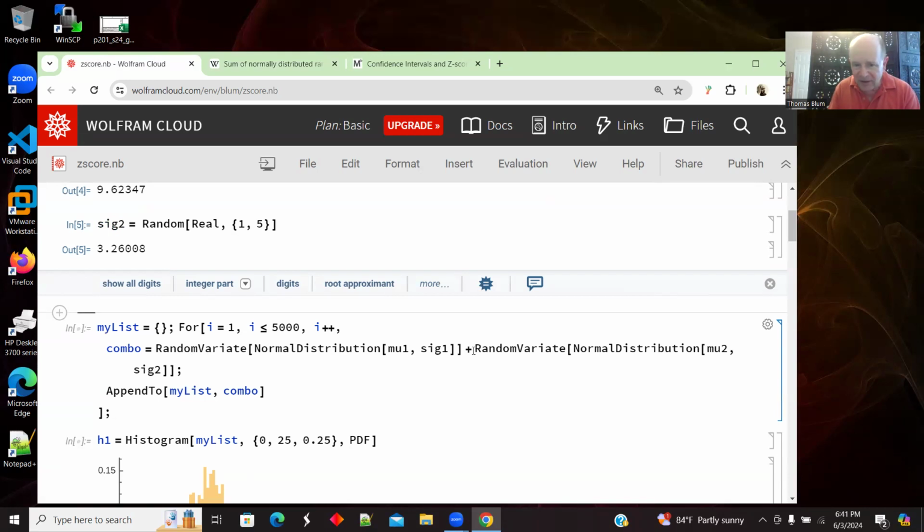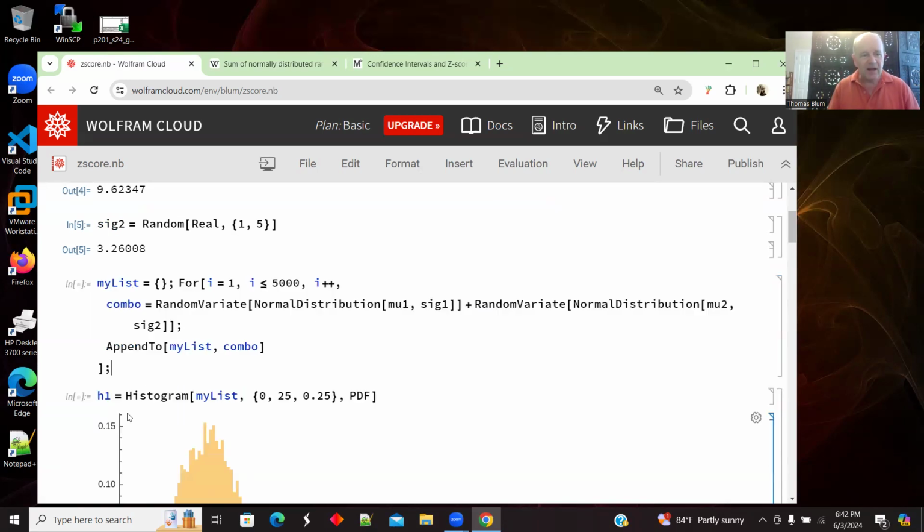So here's random variate plus the second random variate, and I am adding that combo to a list. So I'm just getting 500 samples of this sum of samples from random normal distribution 1 and normal distribution 2. And let's make a histogram of that, and I'm naming it H1.